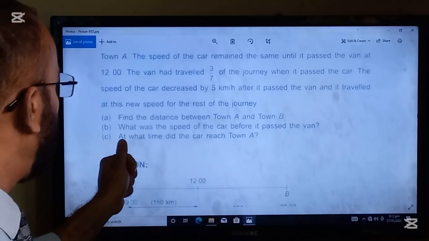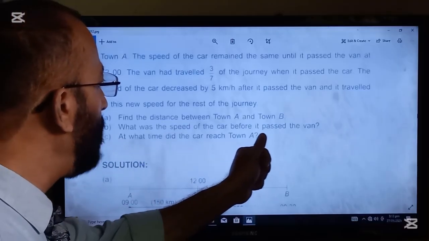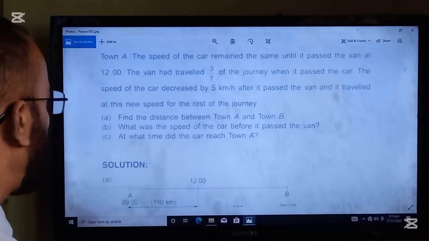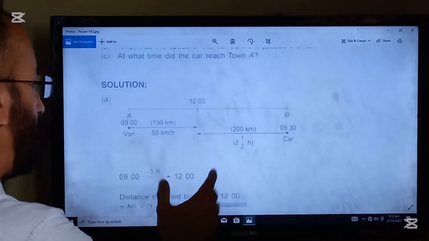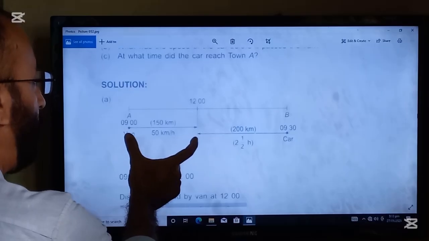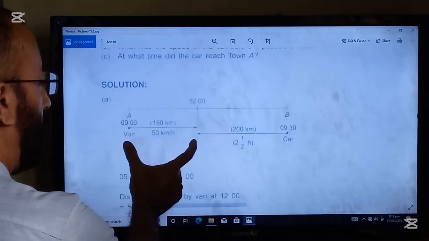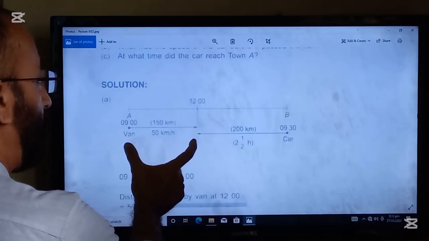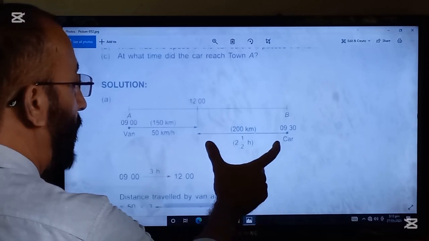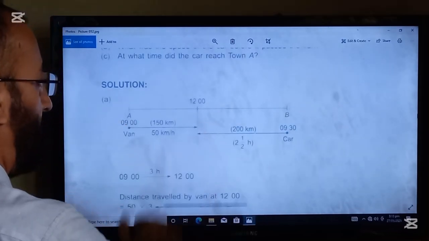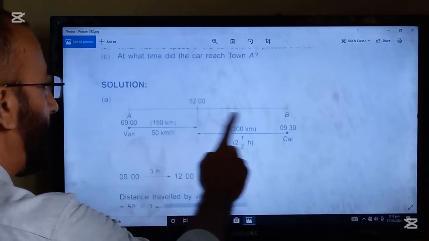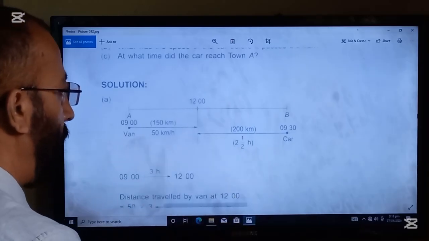Next part is, what was the speed of the car before it passed the van? So if 350 km is the total distance, out of which 150 km is covered by the van, it means the car has to travel a distance of 200 km to cross the van, because the total distance is 350 km.